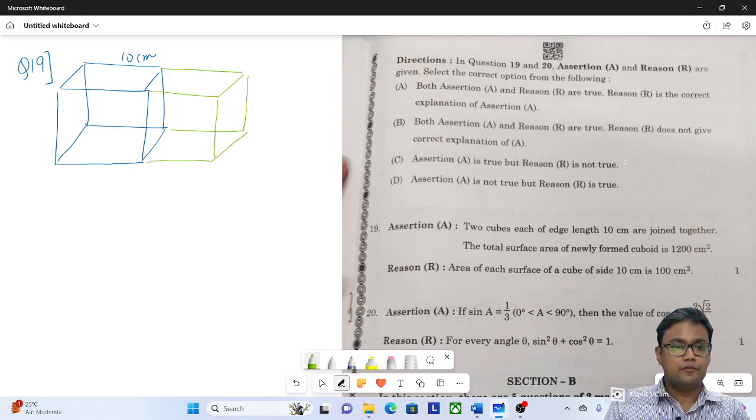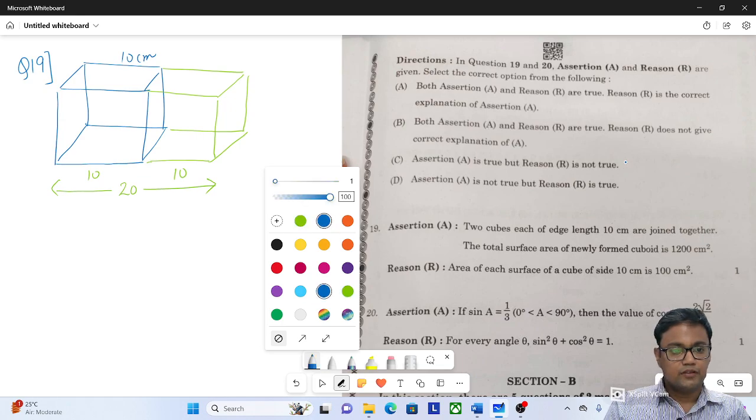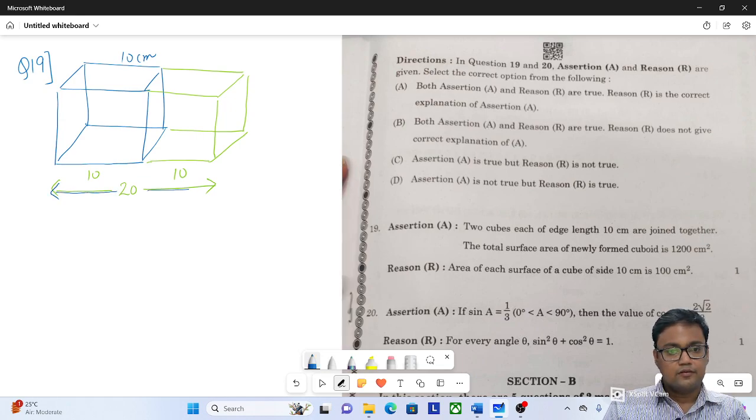Right, good. So, this is 10, that is also 10. So, the overall length of the newly formed cuboid is 20 centimeters, right. दिख रहा है 20 का हो चुका है ये. The height is 10 because the height will remain unaffected in this cuboid.